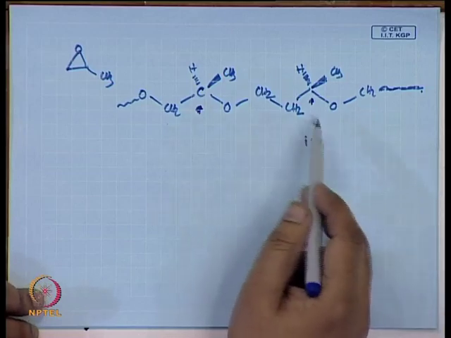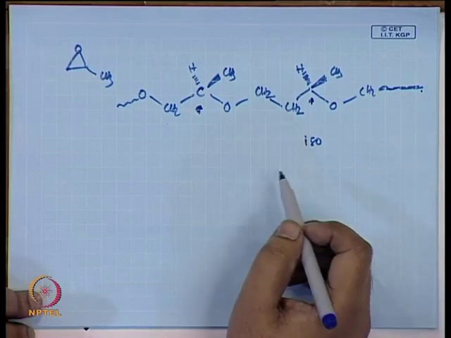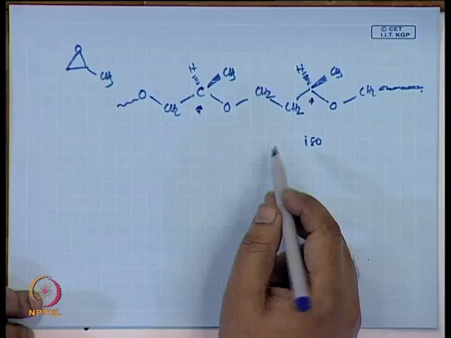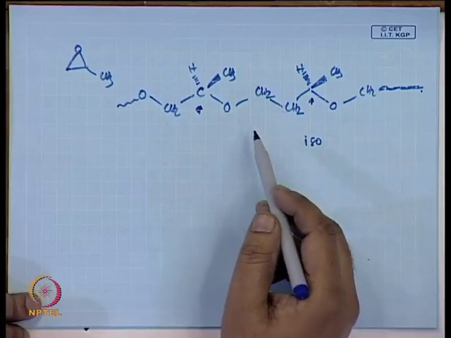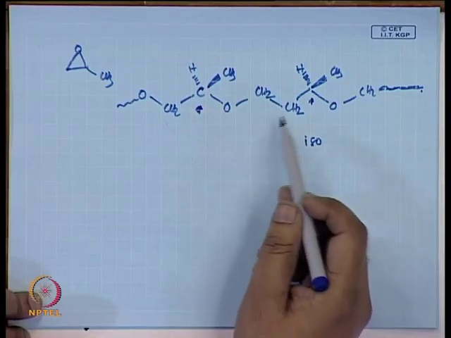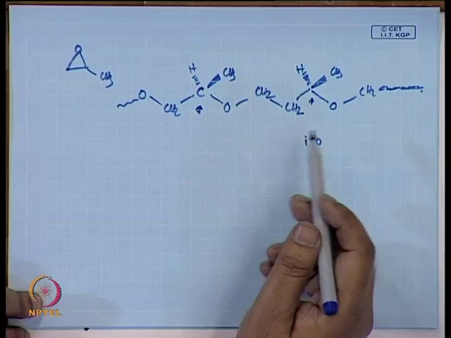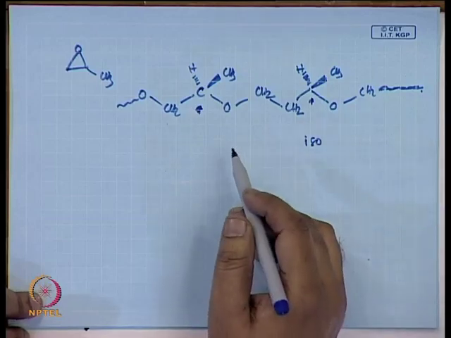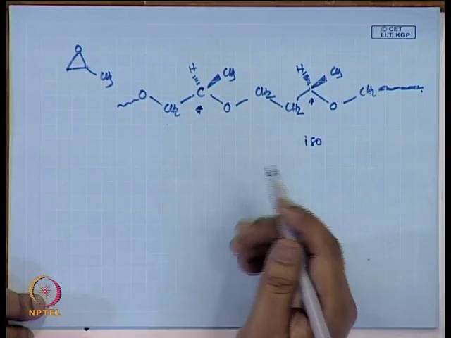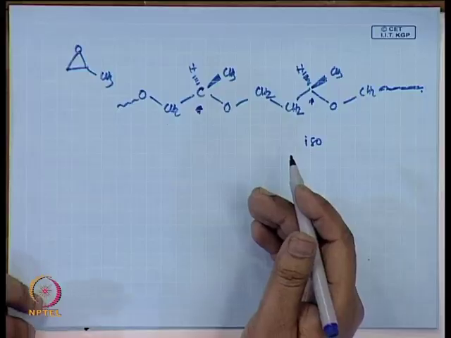Now, how do you synthesize? What strategies can you take to synthesize one particular stereoregular polymer, like an isotactic or syndiotactic polymer? As you know by this time, it is always beneficial to synthesize a polymer having a definite stereoregularity, whether isotactic or syndiotactic.